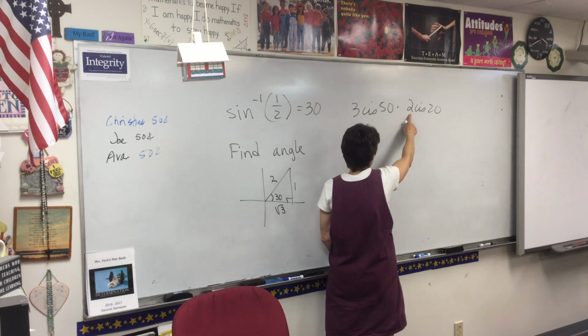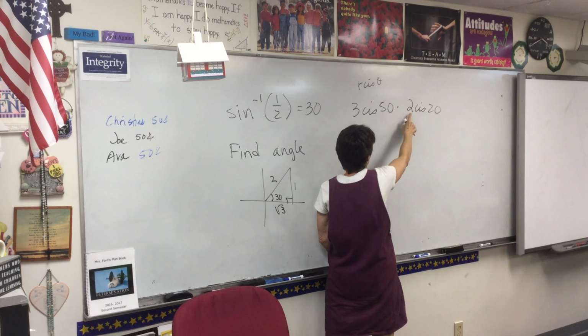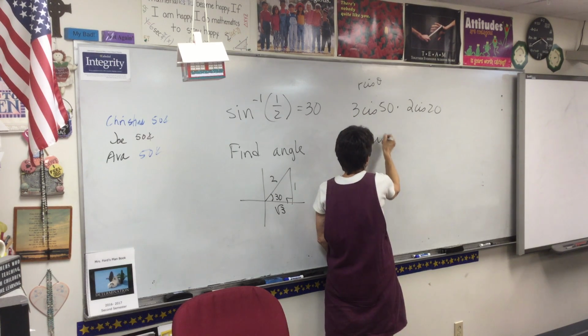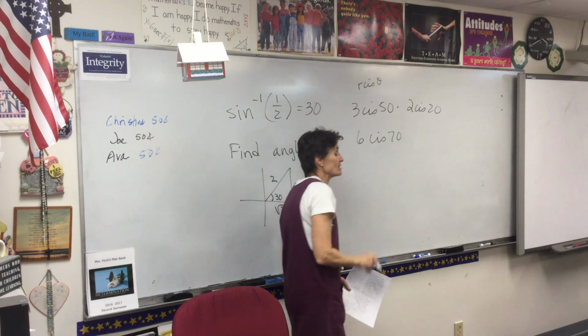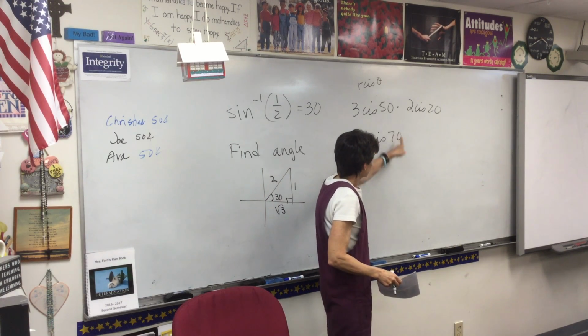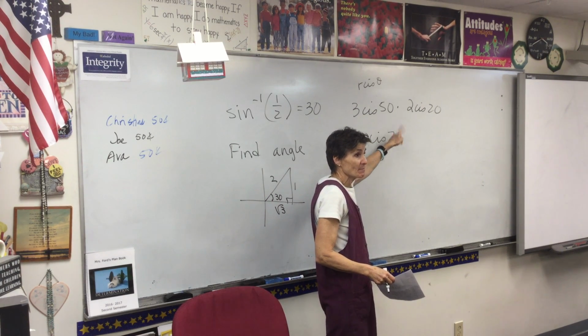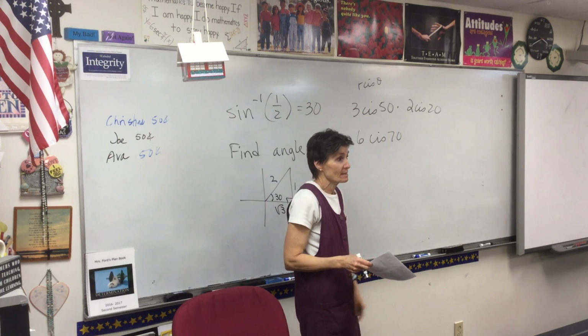So you multiply the R's. This is R CIS theta. So we multiply the R's, 6, and we add the angles, 70. Now this is the kind of problem where sometimes this ends up too big. Sometimes we added it and got like 400. So then we subtract 360 if it's too big.